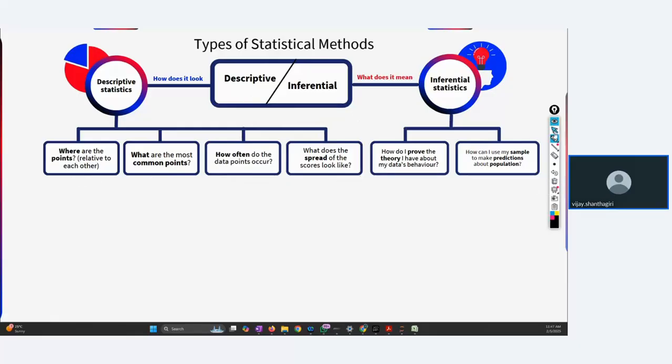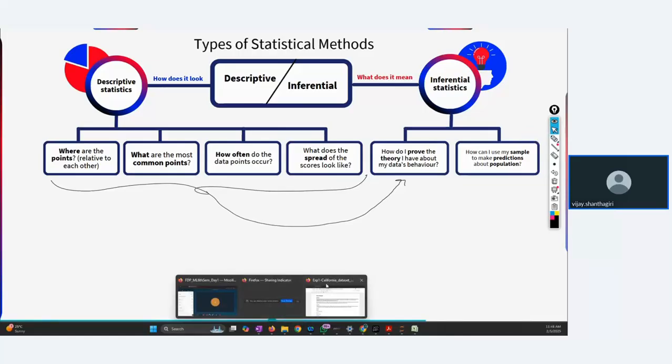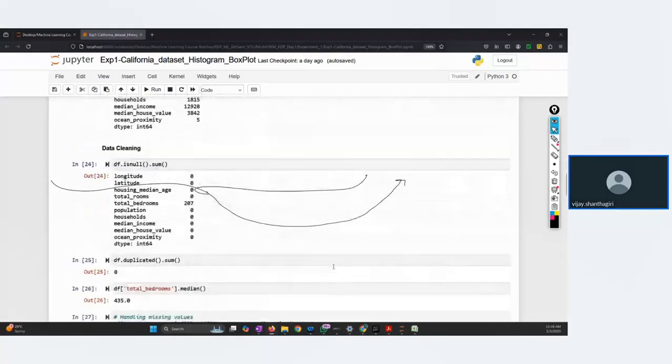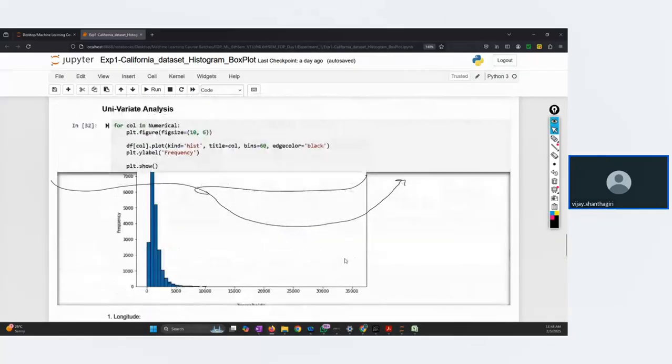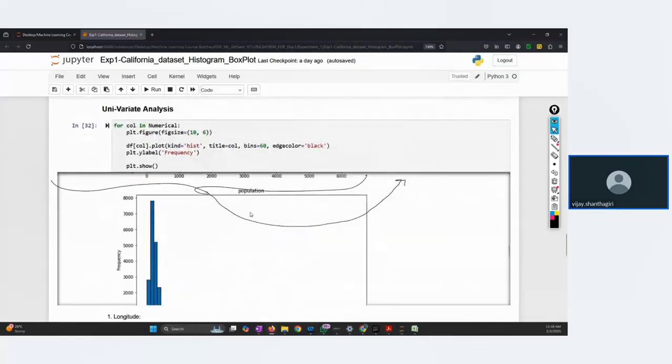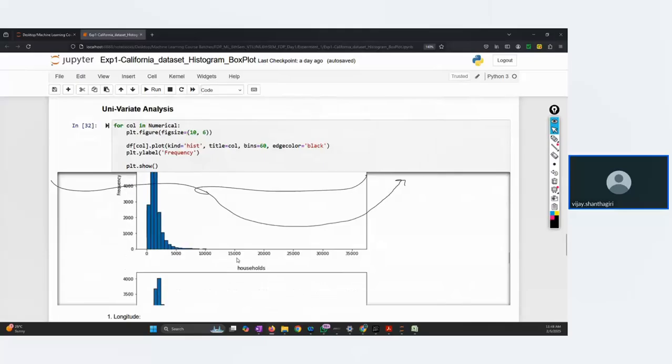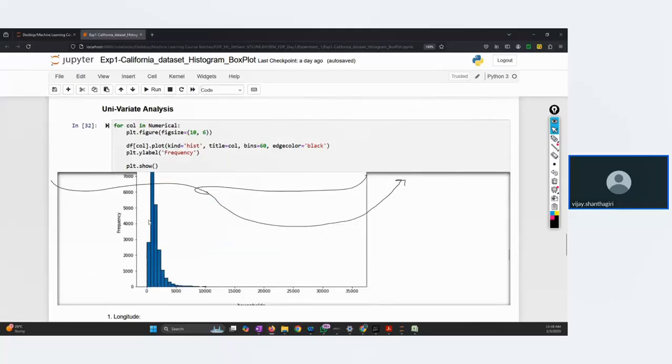Now, when it comes to inferential, if you are able to understand all this, using this you can now do this. How do I prove the theory I have about my data's behavior? Because when you look at the graph carefully, you see the population and frequency of population; these are household data.